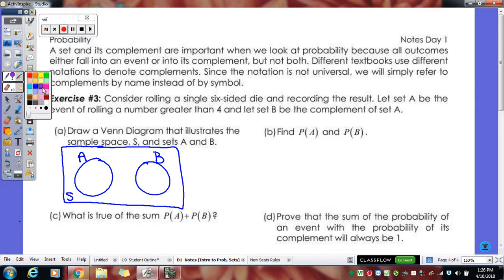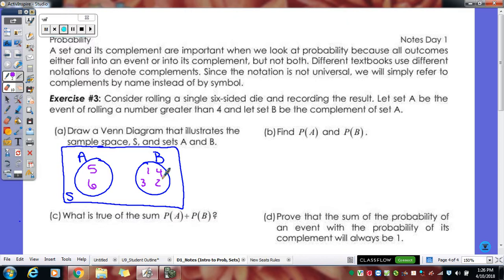So set A are the numbers greater than 4. So on a die, what are the numbers greater than 4? 5 and 6. So A is just the numbers 5 and 6. B is the complement of that. So what's going to be in B? 1, 2, 3, 4. There we go.